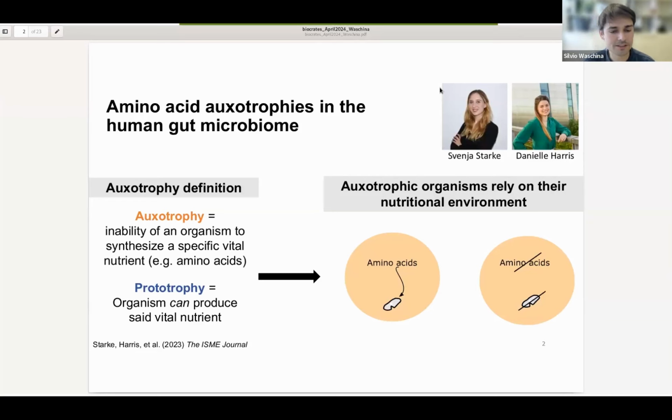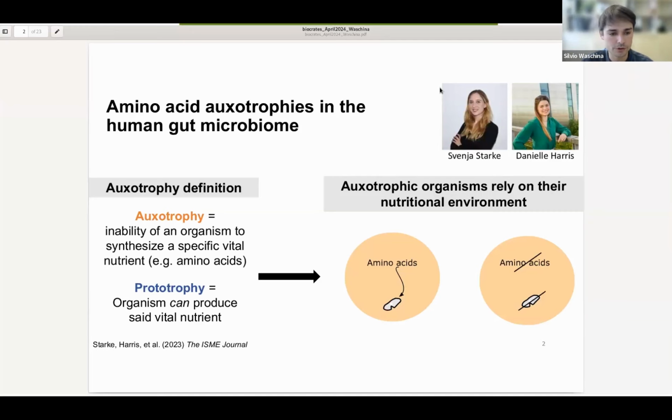So first of all, maybe this term auxotrophy might not be familiar to everyone, so I will give a brief definition here. An auxotrophy is the inability of an organism to grow without a vital compound in its environment. These compounds could, for example, be amino acids or vitamins, and these auxotrophic organisms lack the biosynthetic pathway to produce these metabolites by themselves, so they rely on the external supply of these compounds.